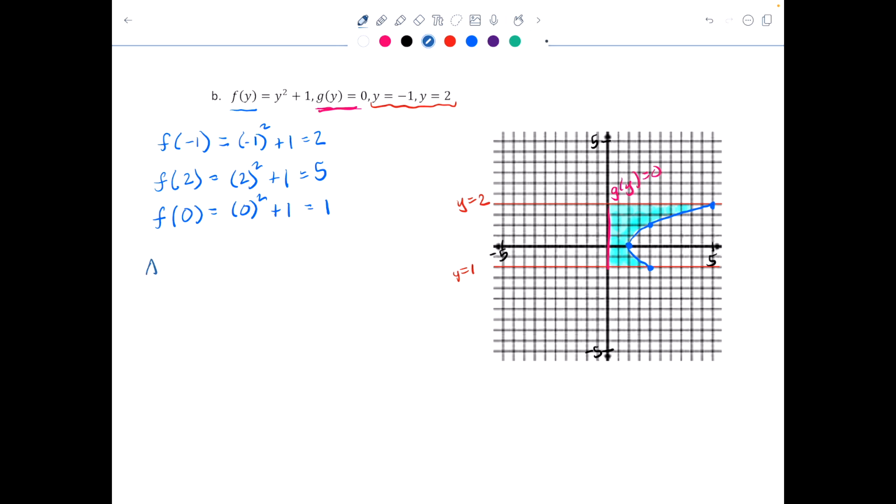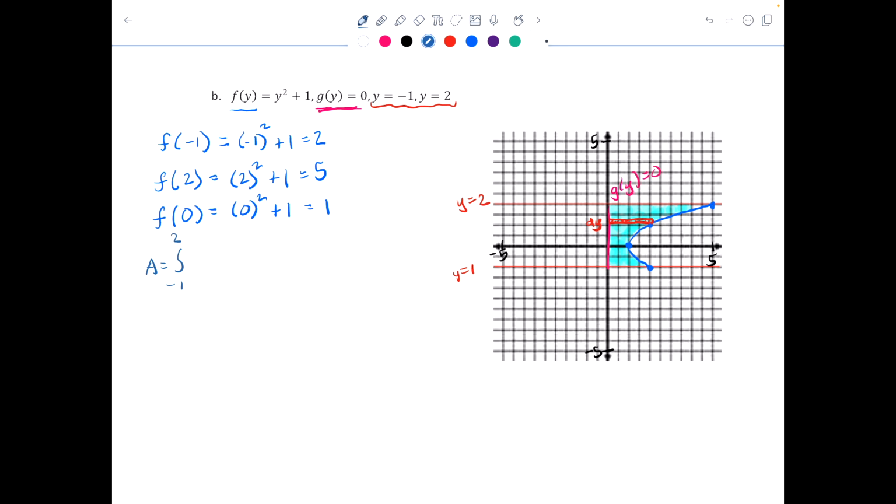So our area will this time be rightmost minus leftmost. So we'll have the integral, and this time if you want to draw in your little rectangle, this is a situation where you'll have dy. And so we will get the integral from -1 to 2.